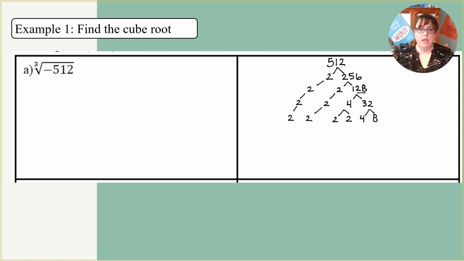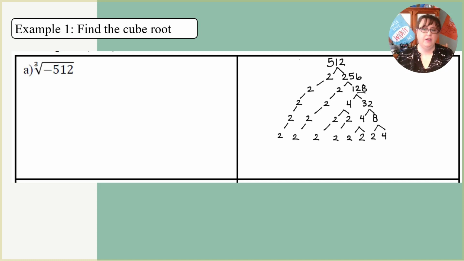So depending on how good your multiplication skills are, you're going to get through these faster or slower. If I had to keep on multiplying by 2, I just keep multiplying by 2. It just takes me longer. But I'm going to keep pulling these 2's down. And 4 I know is 2 and 2. And 8 I know is 2 and 4.